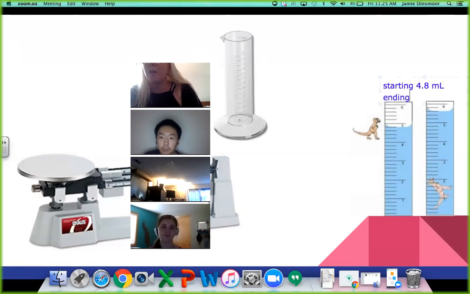And then our ending amount of water, once we've placed the dinosaur in, is 5.6. So we can subtract. You guys do this math. My brain is not working right now.